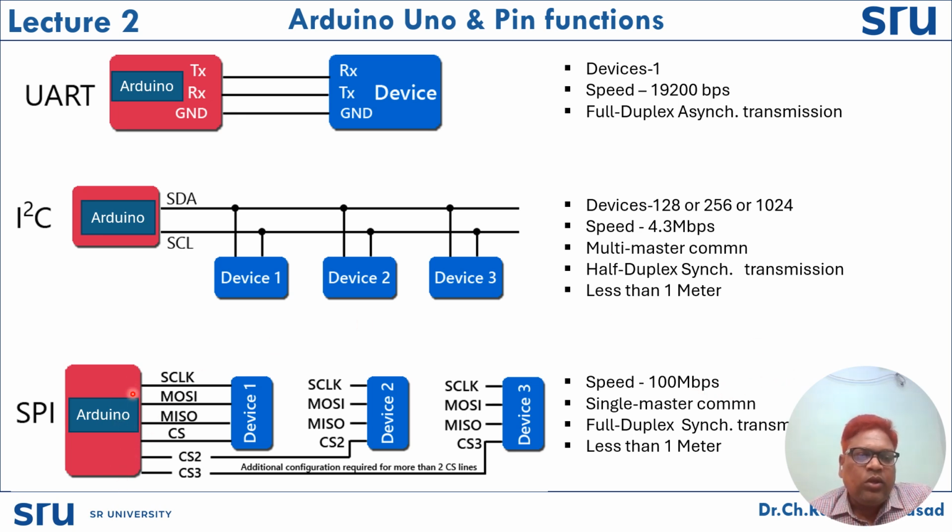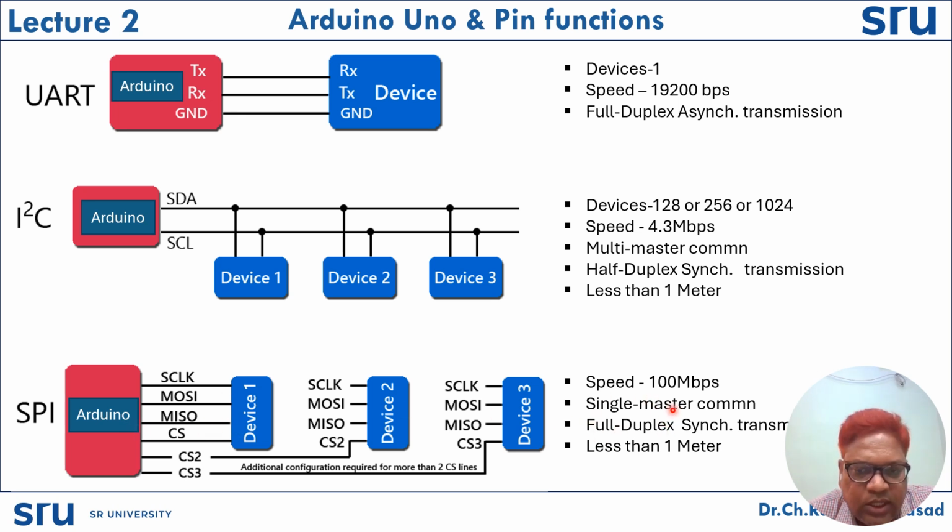So here if it is a master, all the remaining should be slaves, and it is a full duplex synchronous serial communication. Full duplex means, if you observe here, master out slave in is transmission, master in slave out is reception. That means simultaneous transmission and reception is possible.